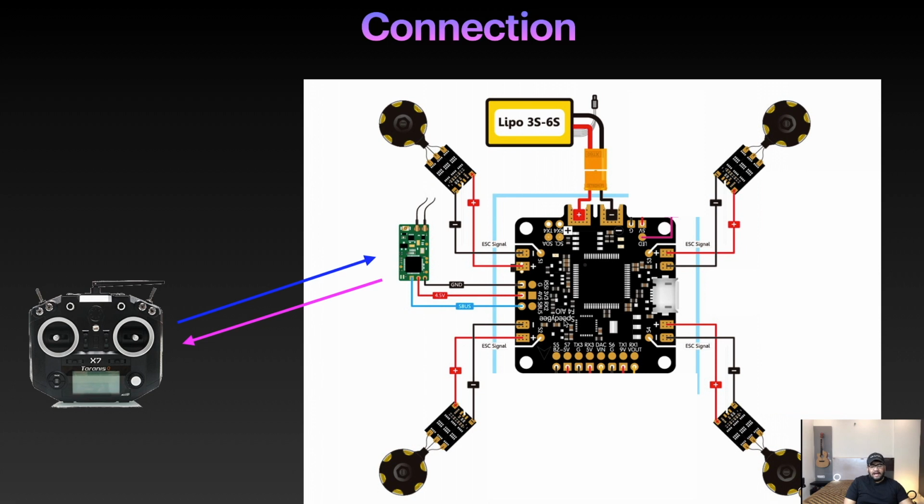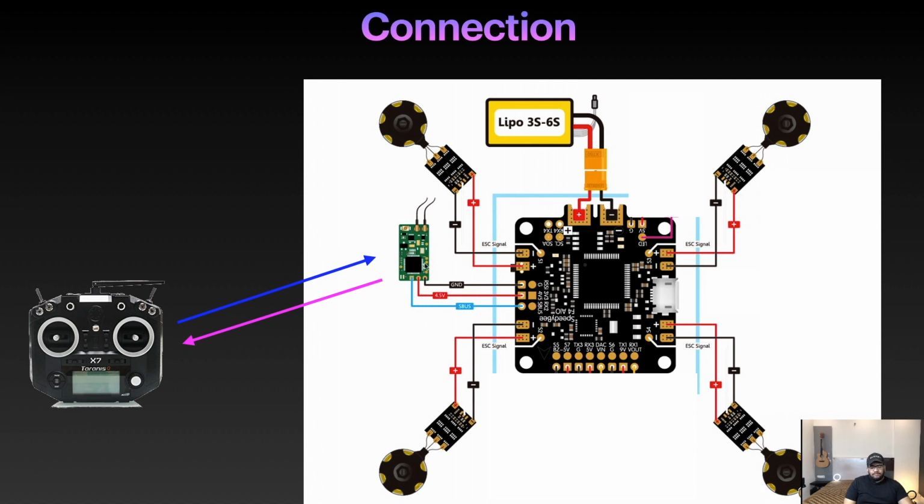So basically, what is happening in this case is, let's assume there is a pilot using this transmitter, a drone operator. The drone operator is using this transmitter to send a signal to the receiver, and we know what kind of signal it will send. It will send what value of roll I need, what value of pitch I need, what value of yaw I need, and what the throttle is.